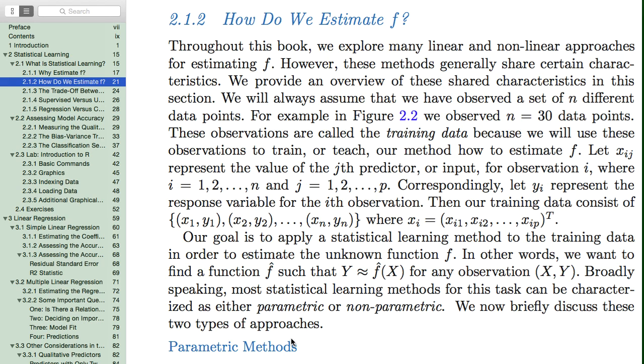If we know that a process follows the normal distribution, that gives us a tremendous amount of power in making predictions about it, because we know something about the likelihood of anything that happens within that distribution. So a parametric method involves some kind of distribution, some kind of known process.